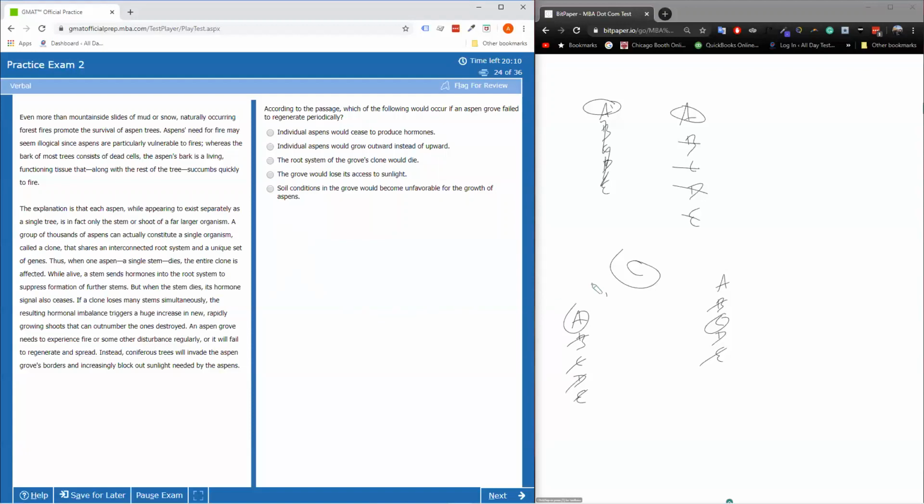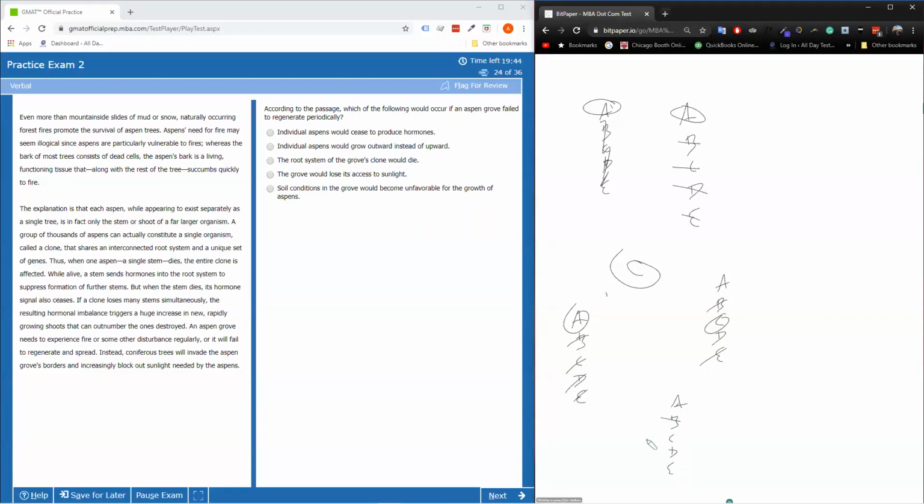According to the passage, which of the following would occur if an aspen grove failed to regenerate periodically? Individual aspens would cease to produce hormones. Individual aspens would grow... no, they don't mention anything about where they grow.